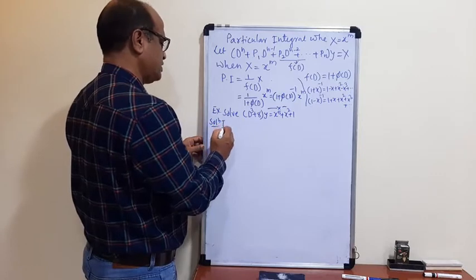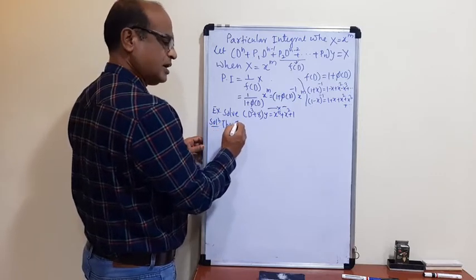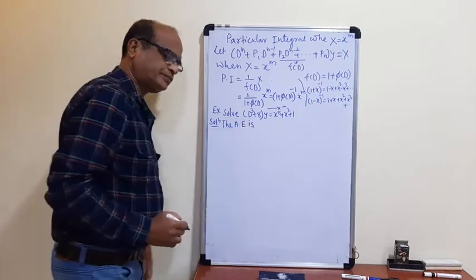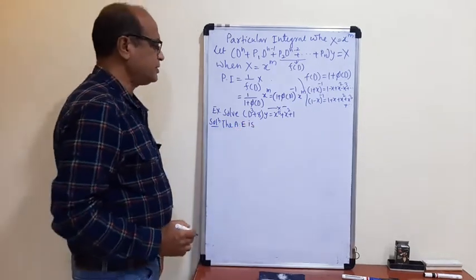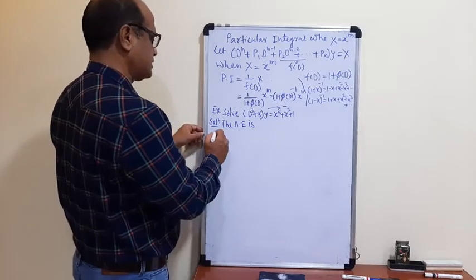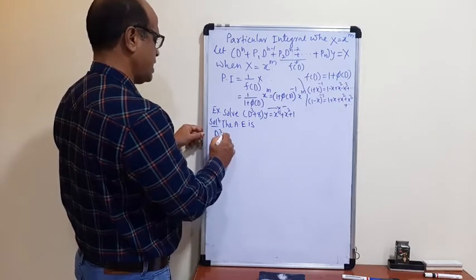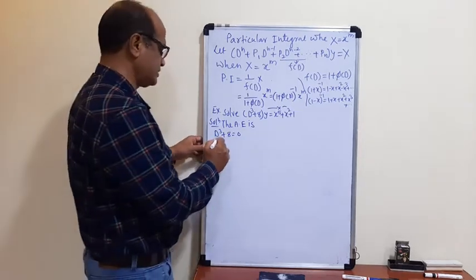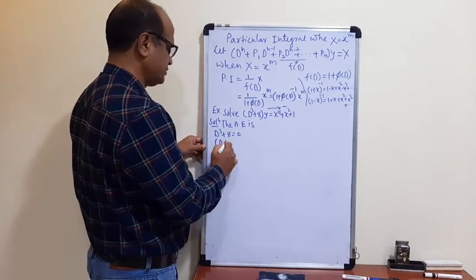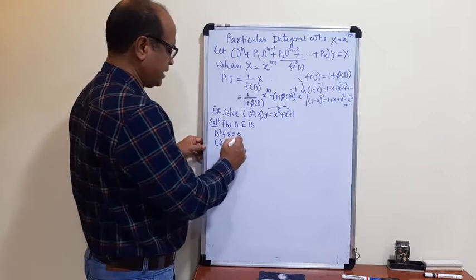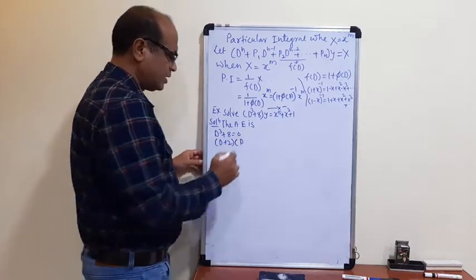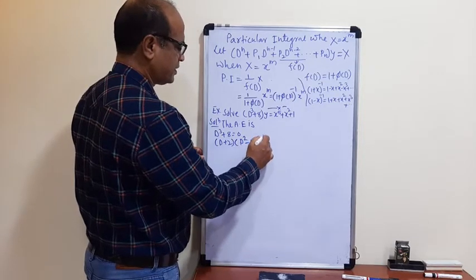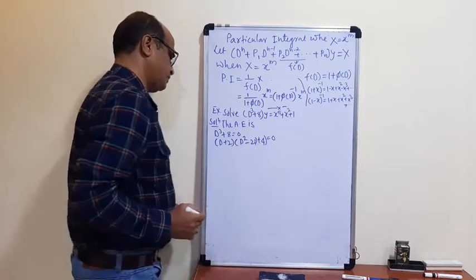The auxiliary equation is D cube plus 8 is equal to 0. This equation can be written as D plus 2 into bracket D square minus 2D plus 4 is equal to 0.